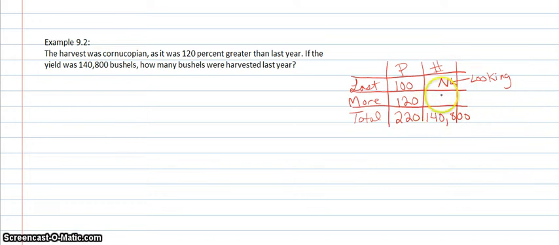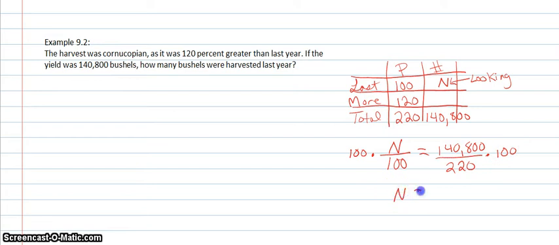So what we're going to do is set this up again in a ratio. We'll have n over 100% would be equal to 140,800 over 220%. So if we multiply both sides by 100, we get n equals 64,000.